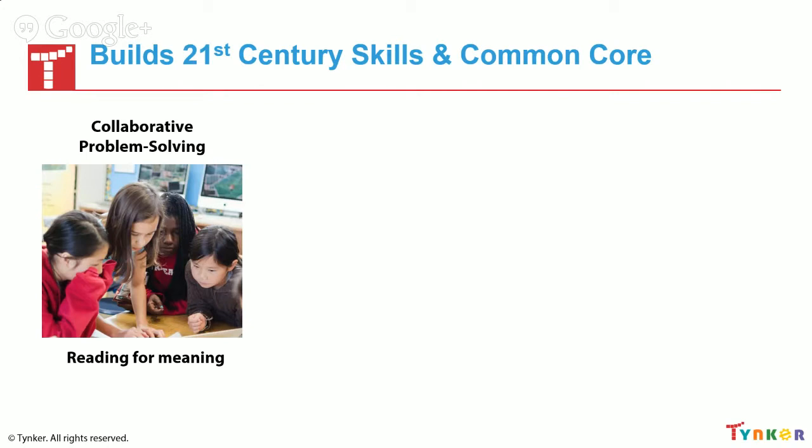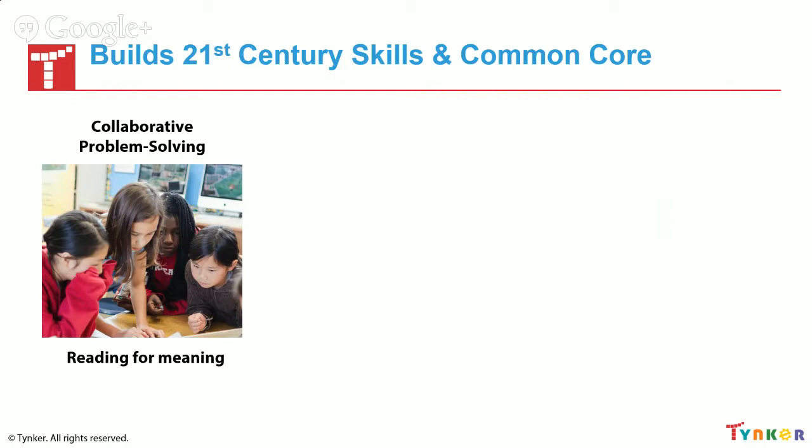One of the reasons why Tynker is great for building those 21st century skills and Common Core together is that kids are engaged. They want to make their projects work. They want to do more things with code.